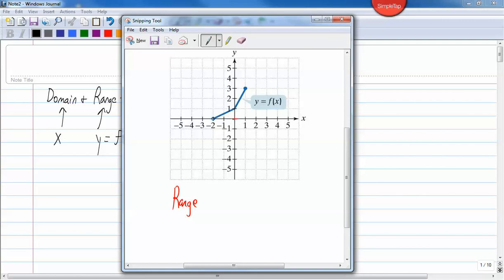That's the first time I could touch the graph. So my range is going to equal, put bracket 0, comma, because 0 is the smallest number. You always put the smallest number first. And then I could draw over and touch the graph, touch the graph, touch the graph, until I get to y equals 3. So 3 is the largest number in my range, and I close that again with a bracket.